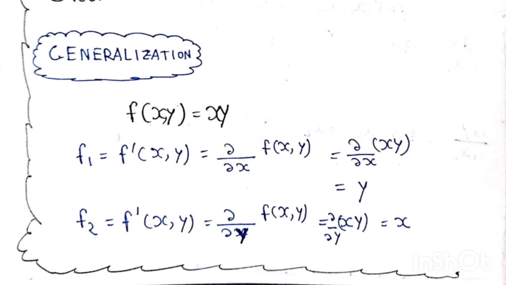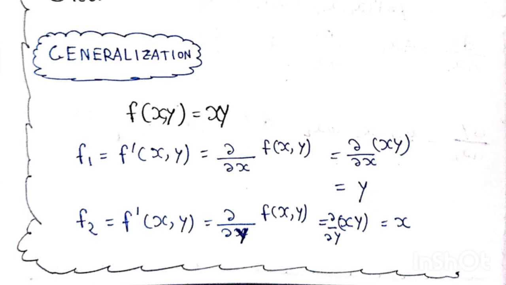Suppose the function of x and y is equal to x into y, or xy. What is f1 here? f1 is the partial derivative of the function of x and y with respect to x. I am saying it again, f1 is the partial derivative of the function with respect to x.